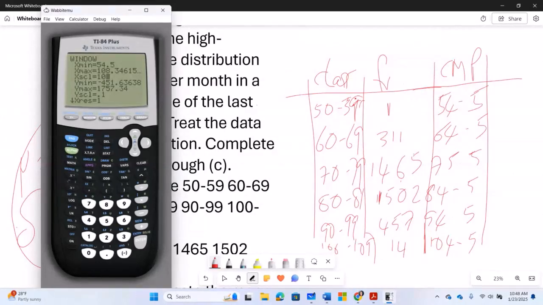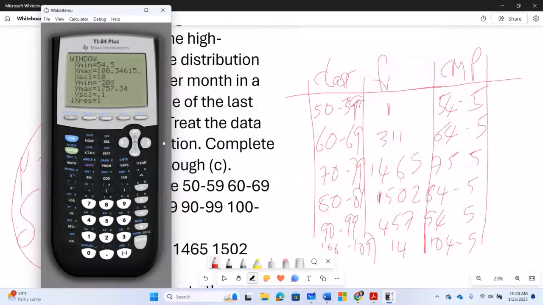So now I can draw the histogram. By the way, our minimum shouldn't be negative, so I can just put the minimum to negative 20. That's okay there. And if you notice, the highest frequency is 1502.